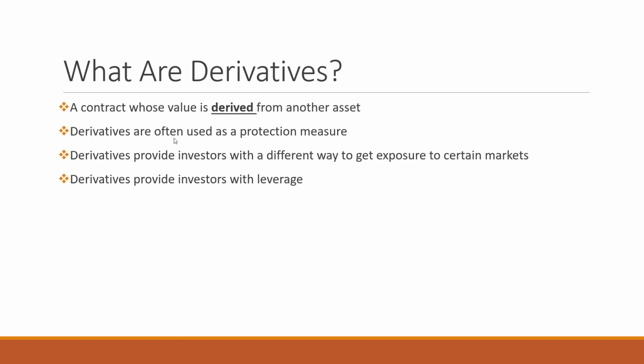Another advantage that we get from derivatives is that they can provide investors with a lot of leverage. Leveraged trading is very popular because it means you've got to put less money down to get a larger exposure. Now, obviously, that's risky as well, because although you can make more profits, you can also see magnified losses.